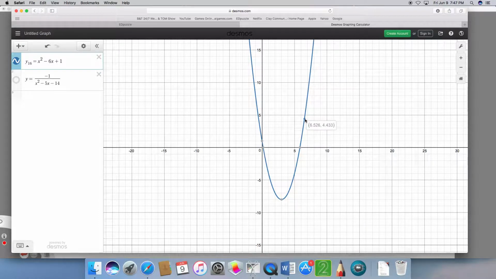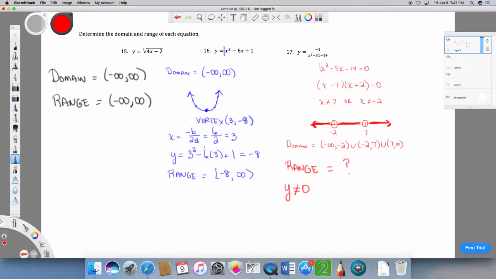Hold your mouse down at any point and look at the y-coordinate as you move through this graph, and I guarantee you that that y value is going to be bigger than negative 8. All right, so that confirms our answer for number 16, that the range was negative 8 to infinity.